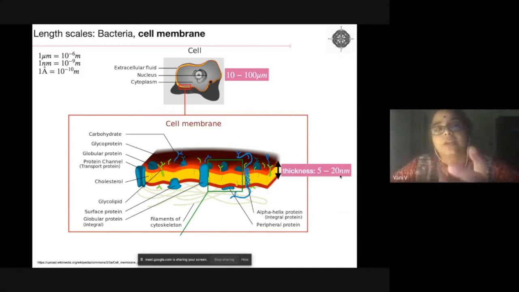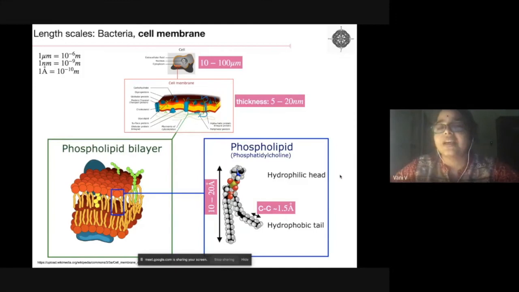This is nanometer I've given, it's about 10 power minus 9 meters, right? And if I further take another small portion of this and zoom into that, you get something called a phospholipid bilayer, which looks somewhat like this. Basically, there are some molecules called lipid molecules which self-aggregate, and they form this kind of bilayer structure which envelops the contents in the cell, right?